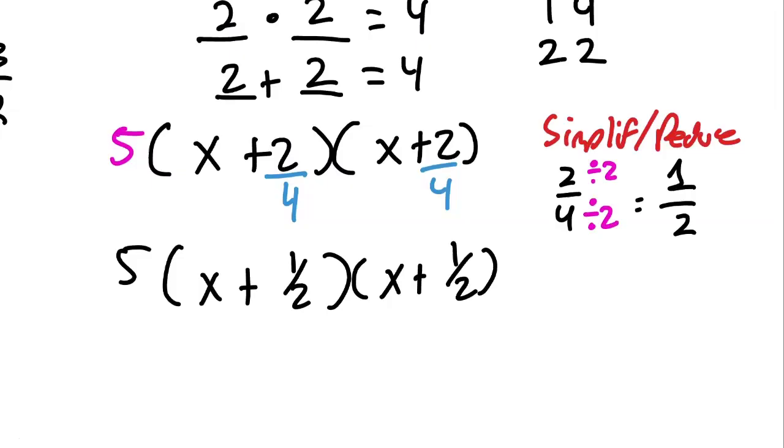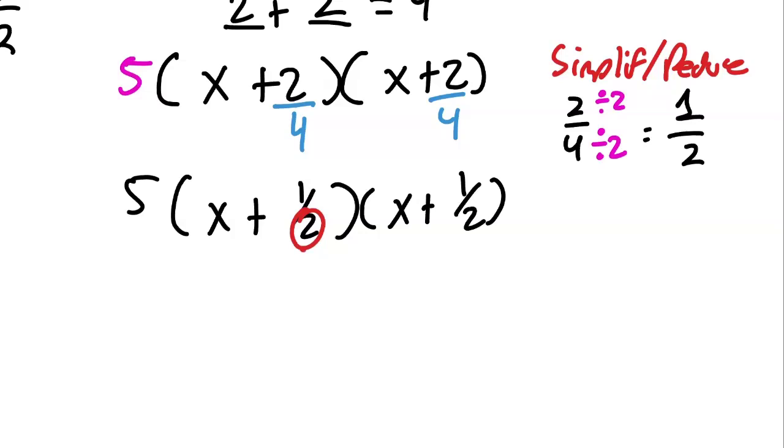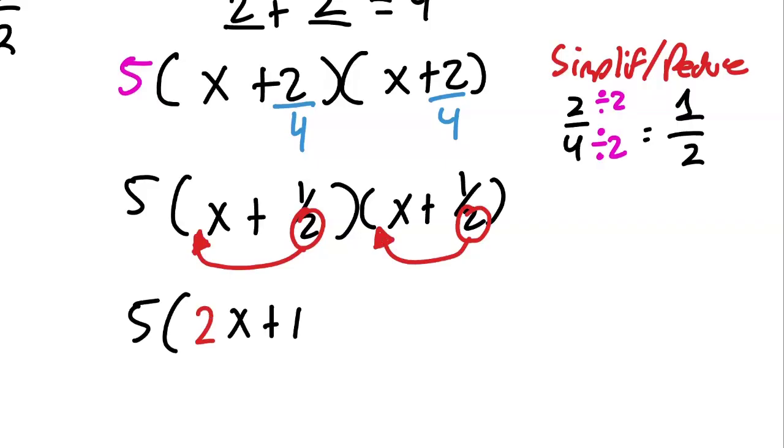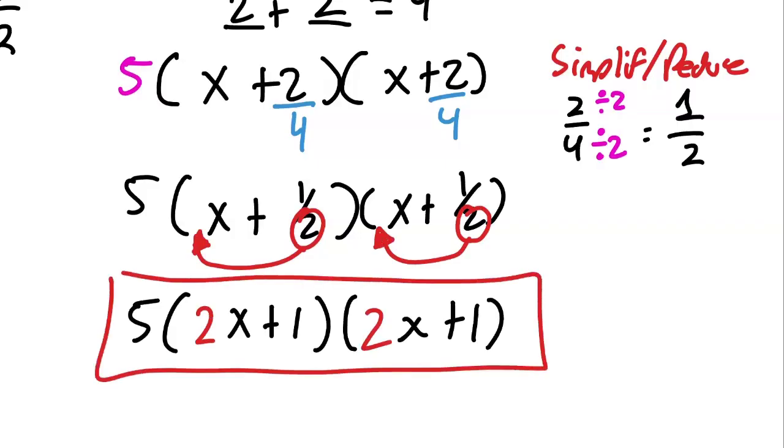Okay, and then my last step is to take this number, multiply it to the very front. So I have 5 times parentheses 2 times x plus 1, 2 times x plus 1. This is the complete factored form of the problem that we just had.